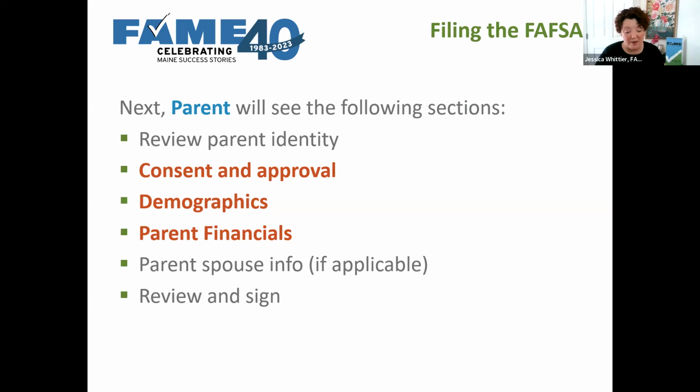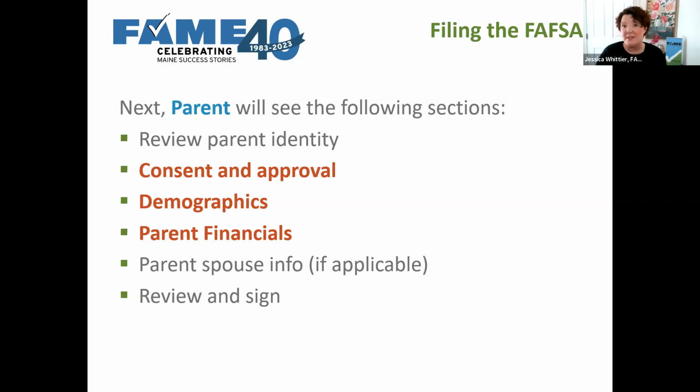If the parent is married, they're going to include their spouse's information as well. So if the parent files their taxes with their spouse, all that they're going to do here is put in information about the spouse. If the parent and their spouse file taxes separately, when they put in that information about the other person, it is going to email the other parent, so the stepparent or the other parent where they file separately, to have that parent also come and fill out their portion of the FAFSA.